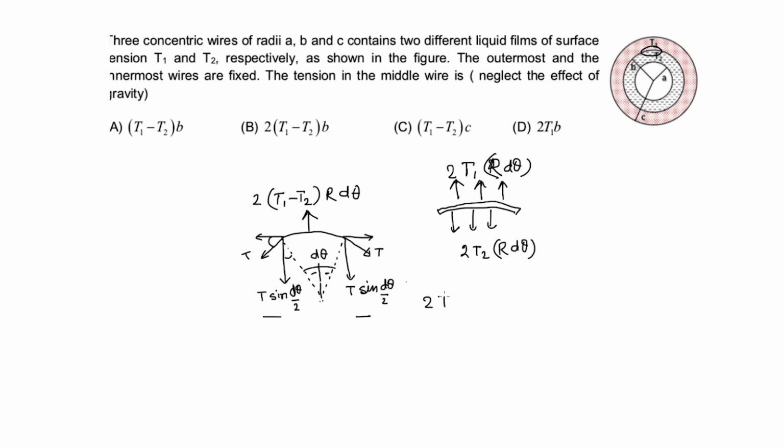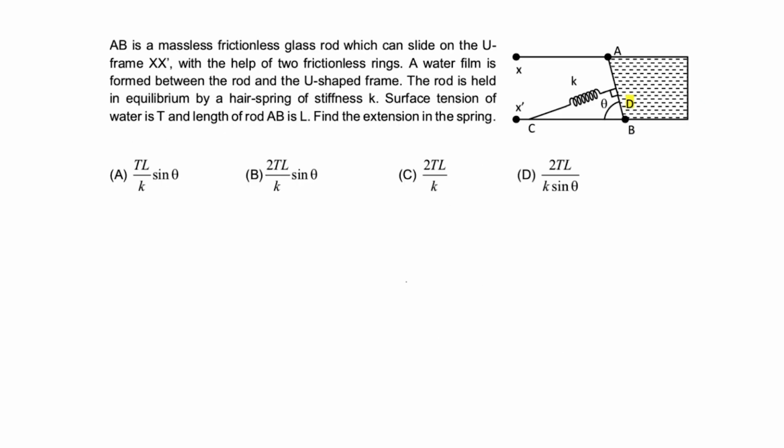So 2T sine d theta by 2, which is d theta by 2, is equal to 2r into T1 minus T2 into d theta. So d theta will get cancelled out, the 2 will get cancelled out. So T is equal to T1 minus T2, 2 times. And what is the radius? That radius I will take as B. So that will give you option B as correct.